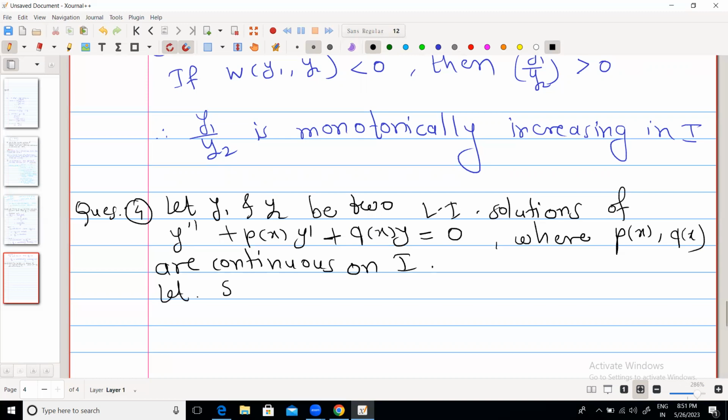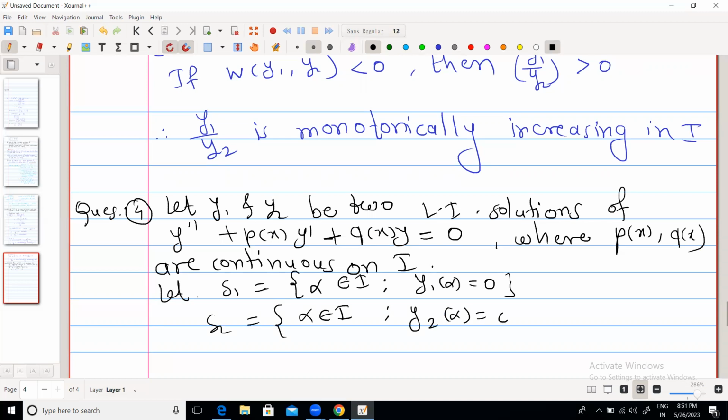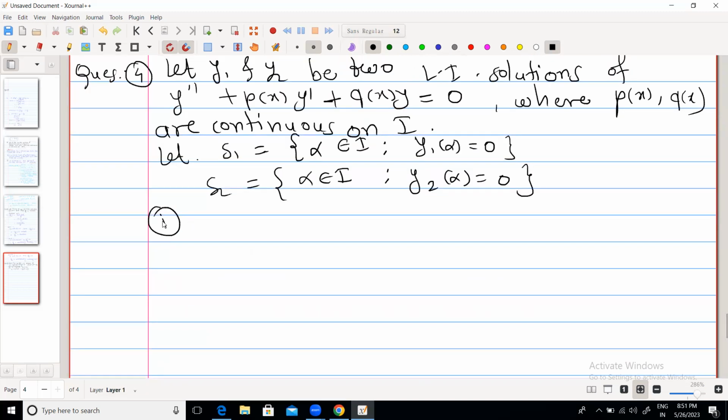Let S1 be the set defined to be the set of alpha belongs to I such that y1 of alpha is 0. S2 is defined to be the set of the points belonging to I for which y2 of alpha is 0. Then the first option, S1 is equal to S2.